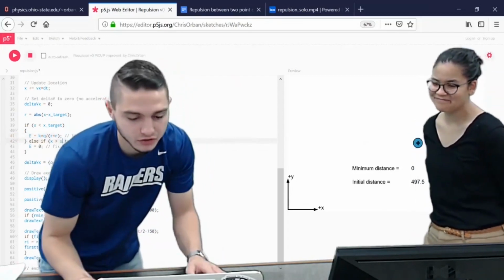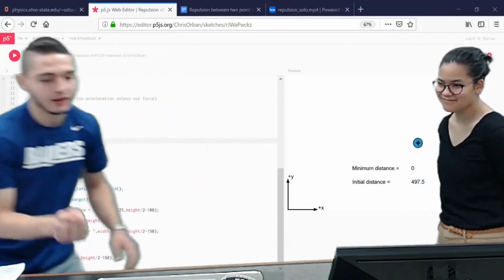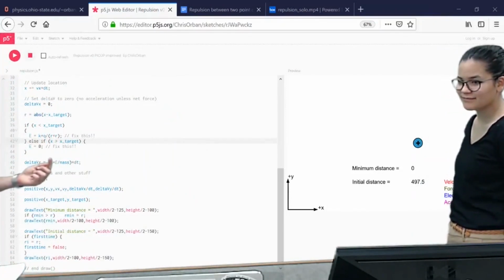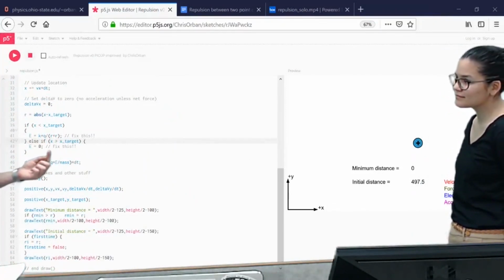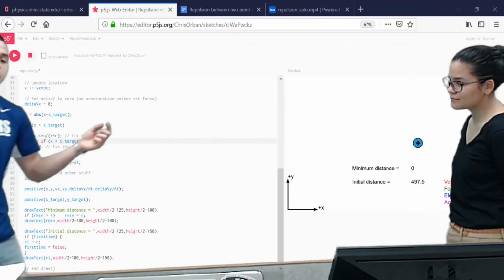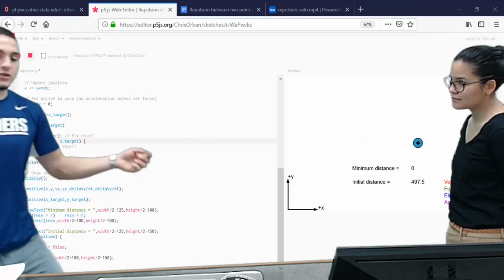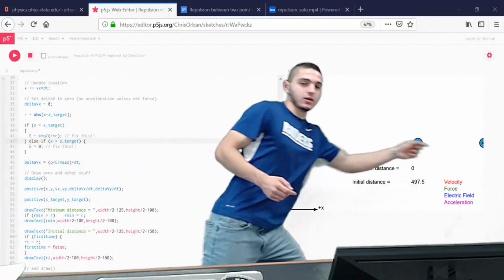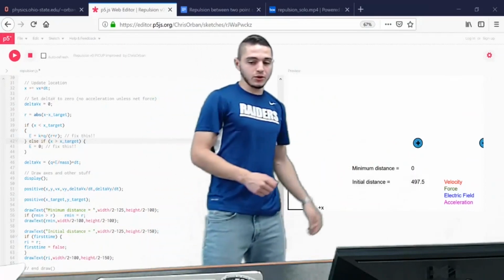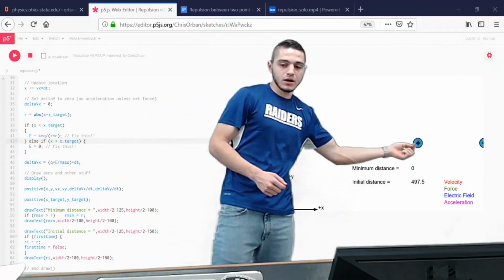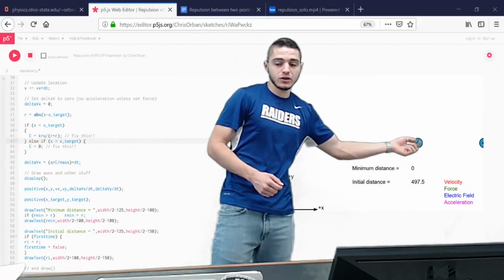Something else to note is the electric field that we have right here under this else if statement. It's going to calculate basically the same electric field, with the opposite magnitude, if the particle were on the opposite side. The electric field has directionality associated with it.